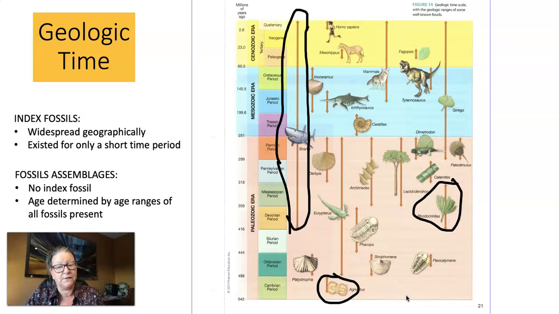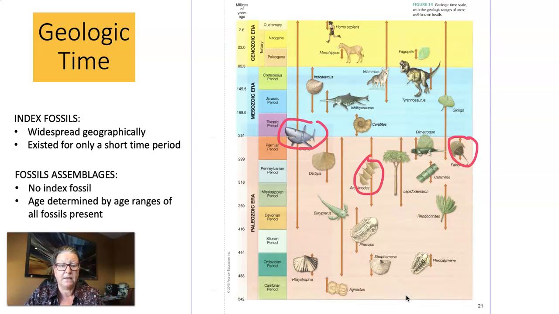Sometimes we don't have index fossils, and we use a fossil assemblage to tell us the age of rock. For example, let's say we have a rock unit with these 3 fossils in it. We have a shark, so this rock unit could be anywhere from Devonian to Quaternary. We have this little spiral thing that's called Archimedes, and this was around in the Mississippian, Pennsylvanian, and Permian, and then it went extinct.